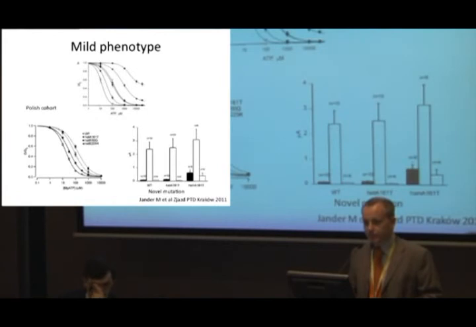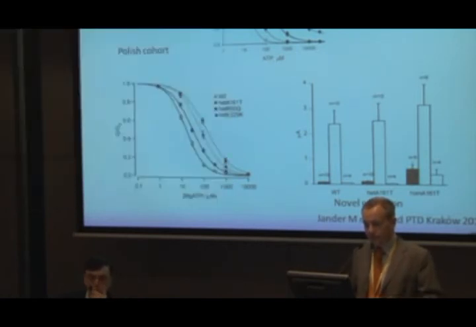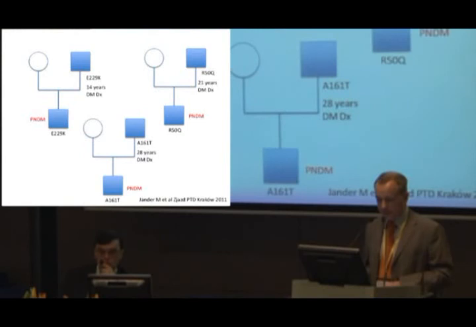However, if we look at the Polish cohort, we have 3 families with potassium channel mutation. In all cases, this mutation was very mild in phenotypic characteristics in the proband and also in in vitro studies. Interestingly, we found a real pattern of MODY.